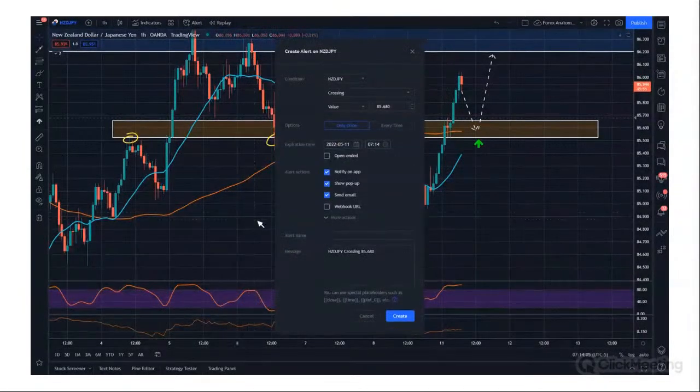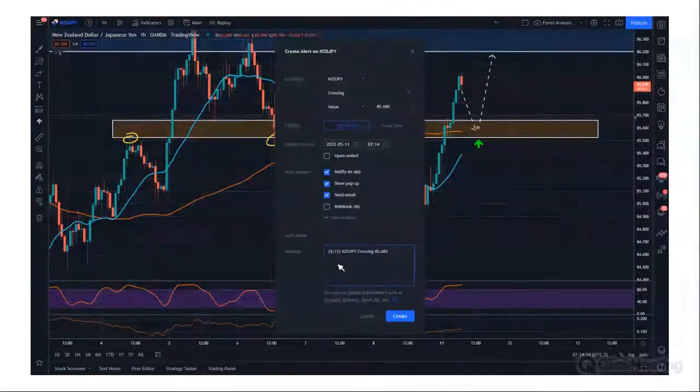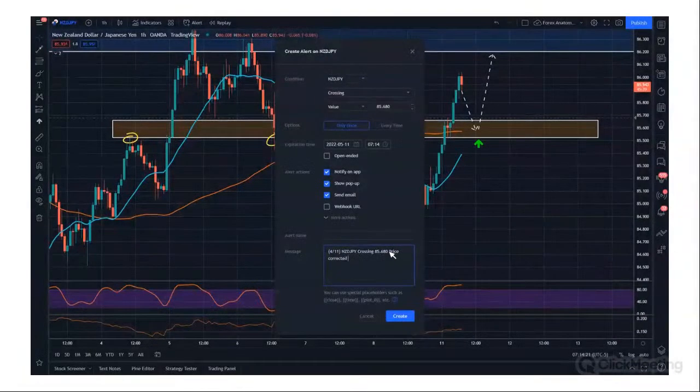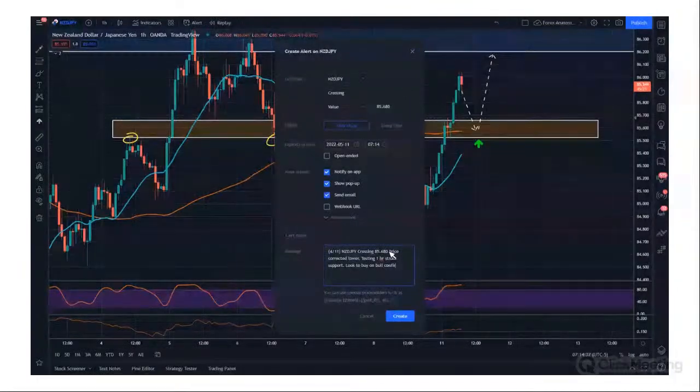That seems okay. And what I typically do is put the date, which is April 11th, and you can add the year if you want. Then let's say price corrected lower, testing 1 hour structure support, and then look to buy on bull confirm.